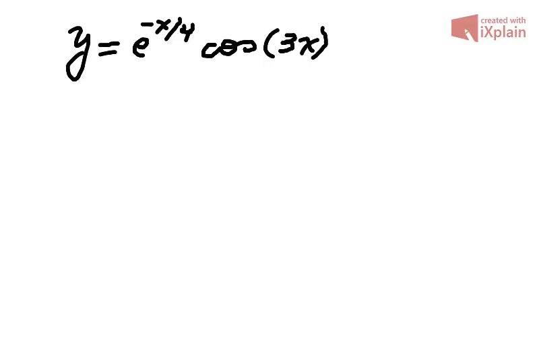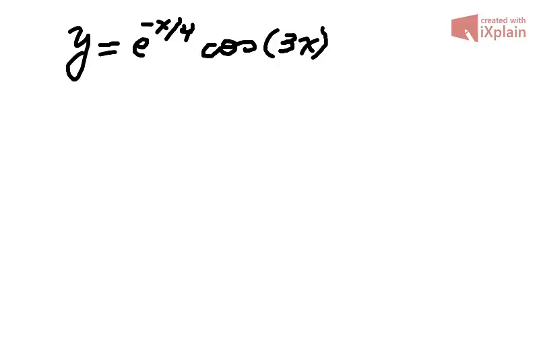Let's differentiate the function y equals e to the negative x over 4 cosine 3x. So first thing to identify here is the type of function we have. Composite function, product, or quotient.